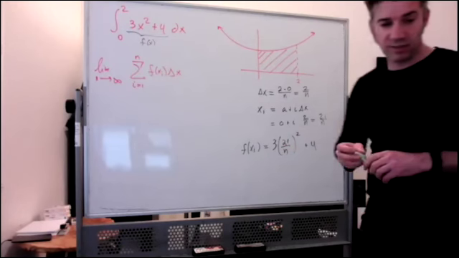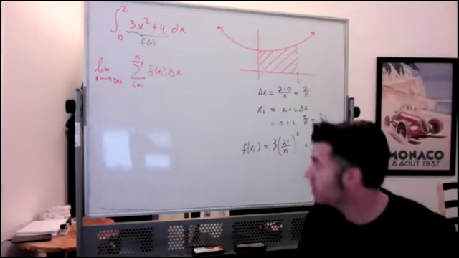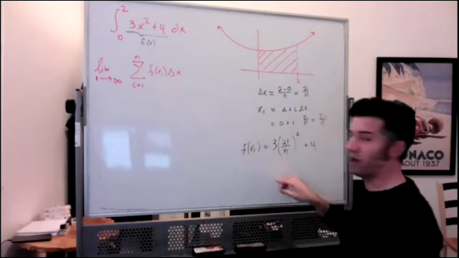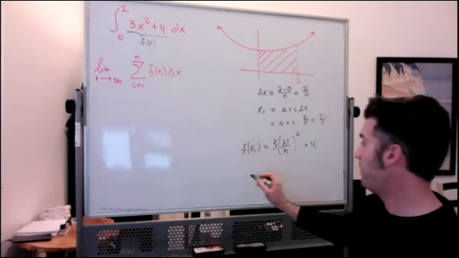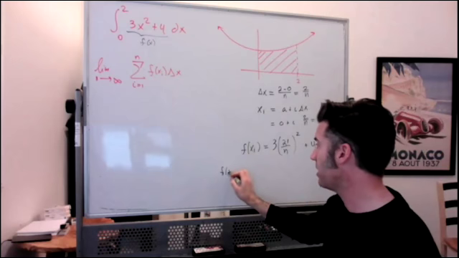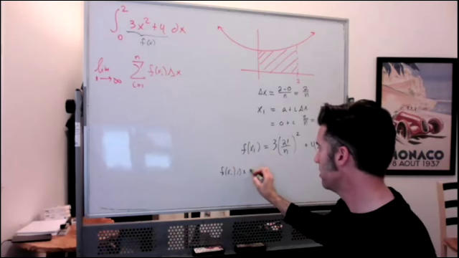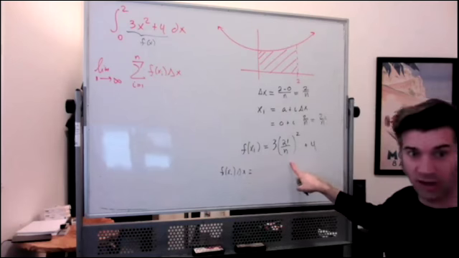I think it's in our best interest to find this over here and simplify it. So f of x sub i times delta x is, let's see, f of x sub i, I'm going to multiply this out.